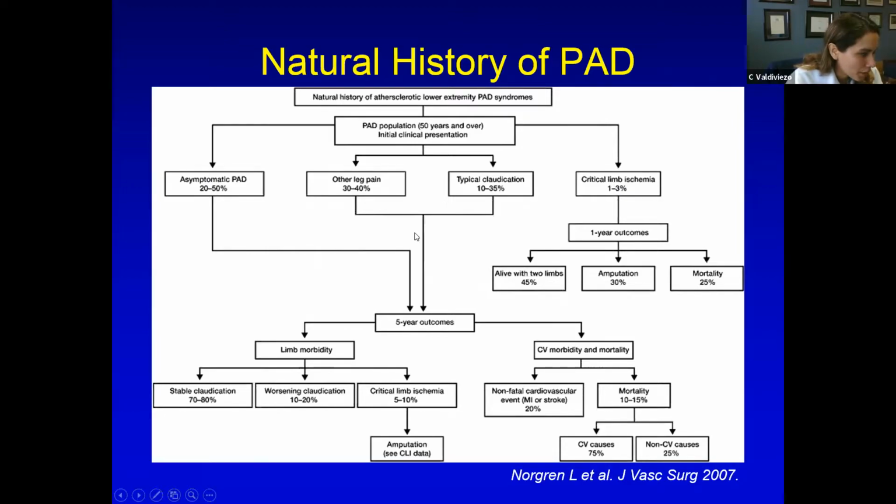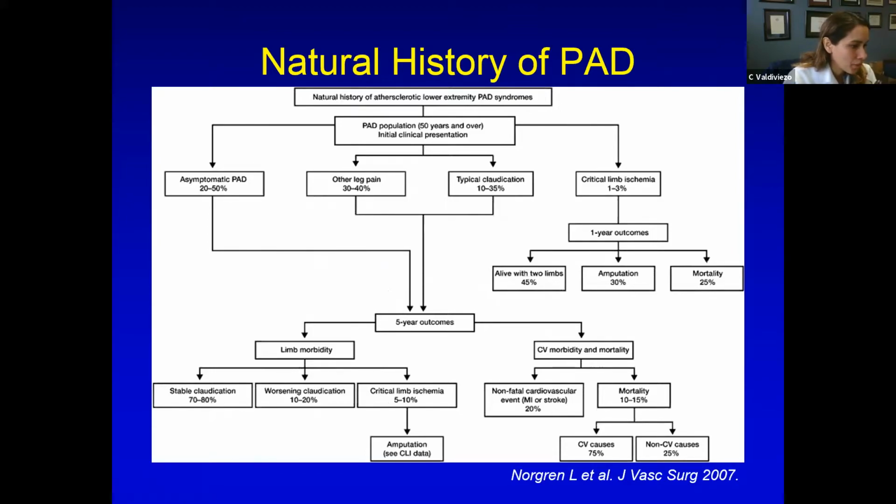Now, when we follow these patients over 5 years, in terms of limb morbidity, the vast majority, 70 to 80%, will have stable claudication. 10 to 20% will have worsening of symptoms after 5 years, and a small percentage, 5 to 10%, will experience critical limb ischemia. In terms of cardiovascular morbidity and mortality, a significant amount, 20%, will experience non-fatal cardiovascular events such as MI or stroke.